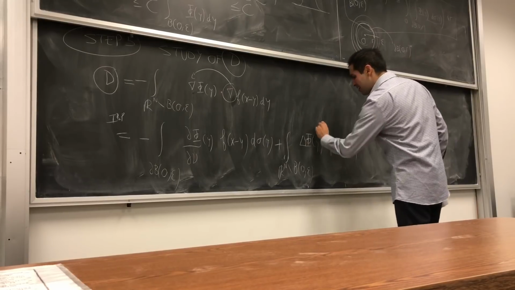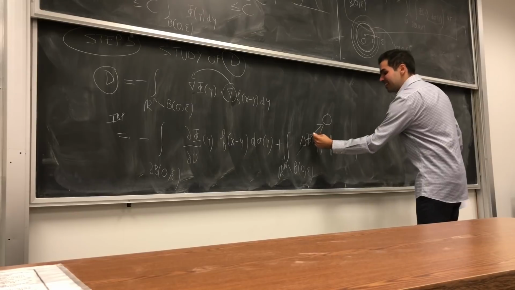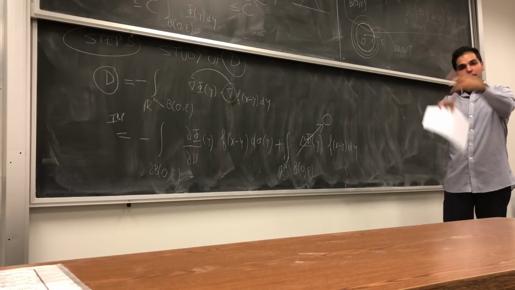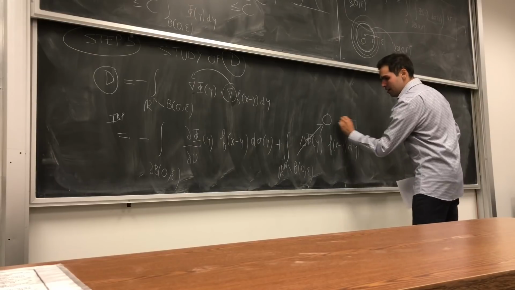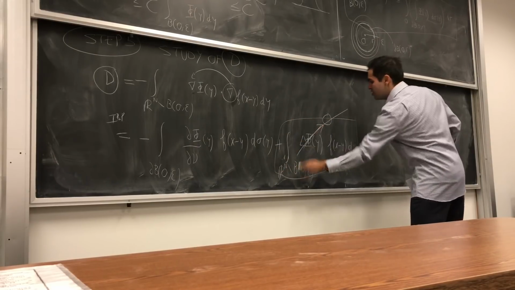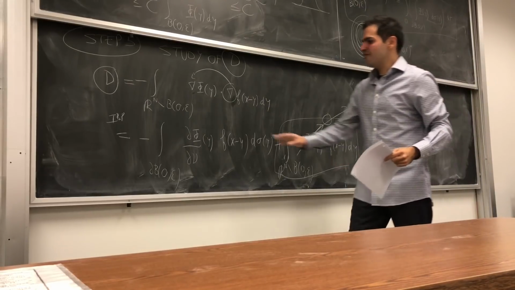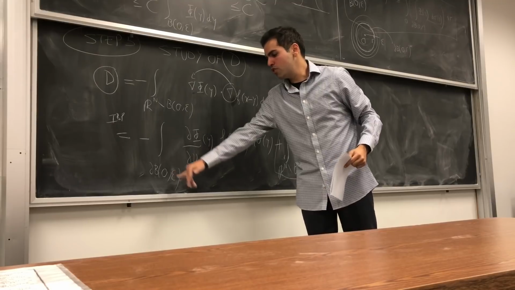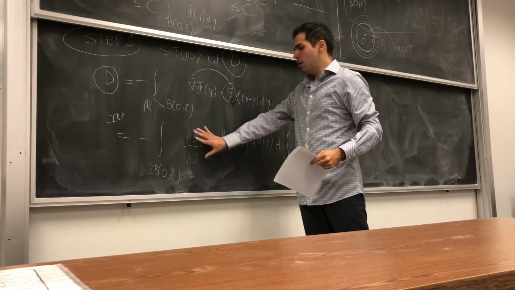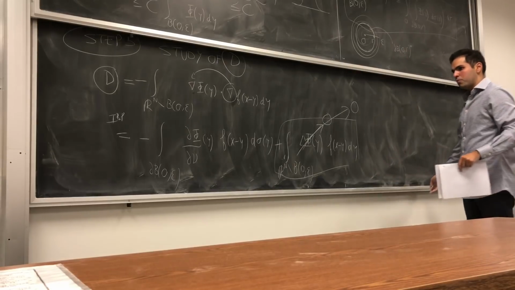So in particular, you get that the Laplacian of phi in that good region is actually 0. So this whole thing is 0, and you're just left with one term here, namely the integral over the surface of the ball of the normal derivative of phi times f.